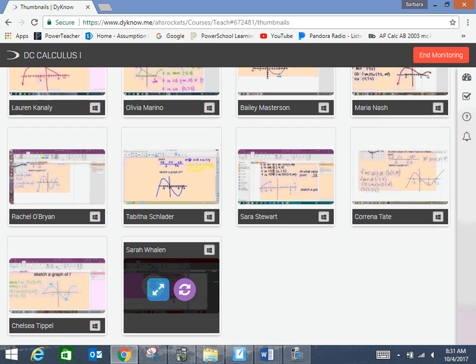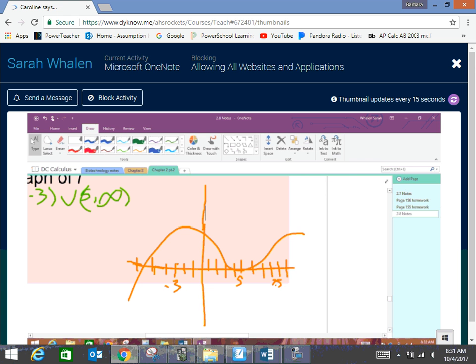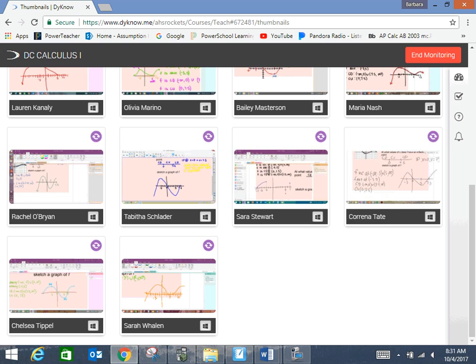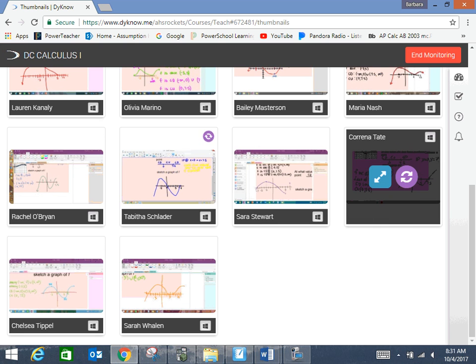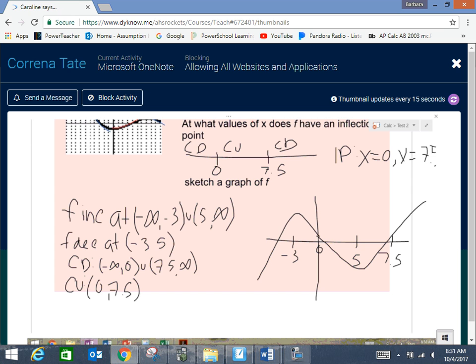Okay, so after 7.5, it's again kind of flat. Let's see what Karina's got here. So right here we stopped. Yeah, it's supposed to.